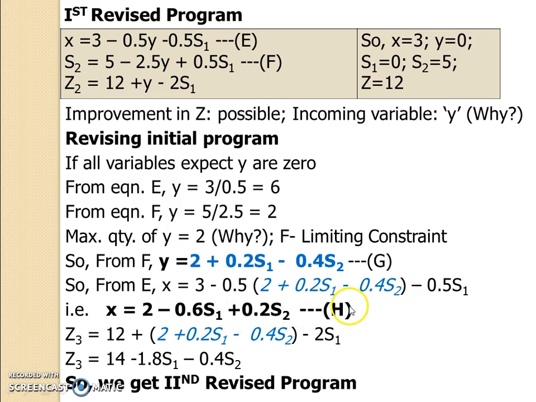Let us call it H. Now again we can modify Z3 by putting the value of y from G, that is 12 plus y minus 2S1. On simplification, we get Z3 is equal to 14 minus 1.8S1 minus 0.4S2.